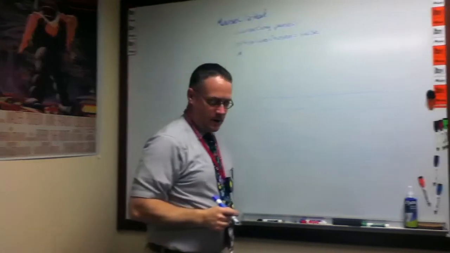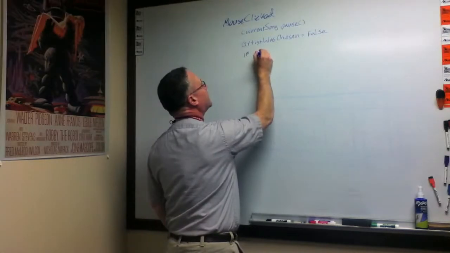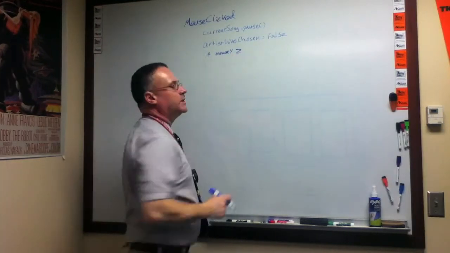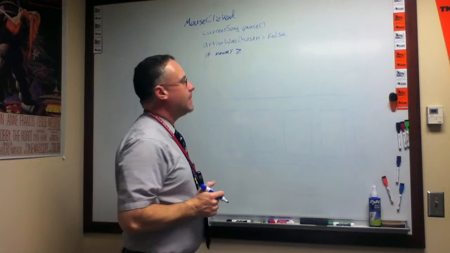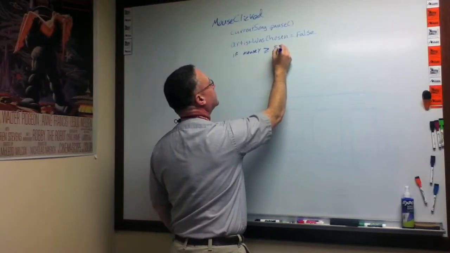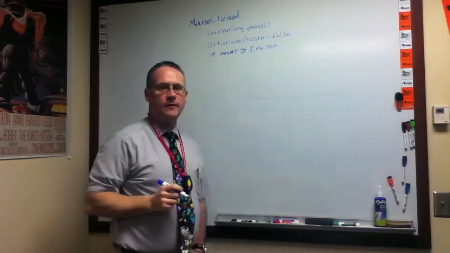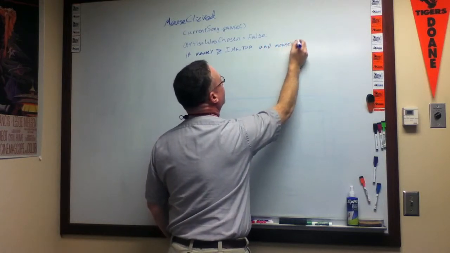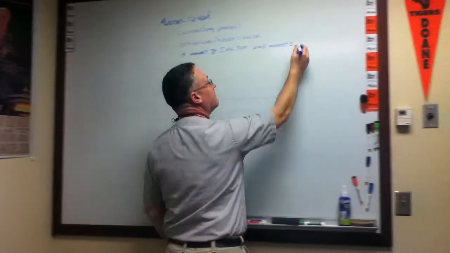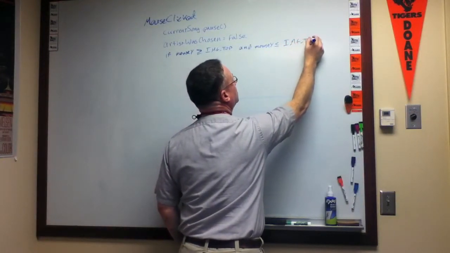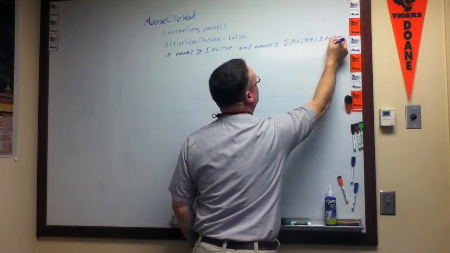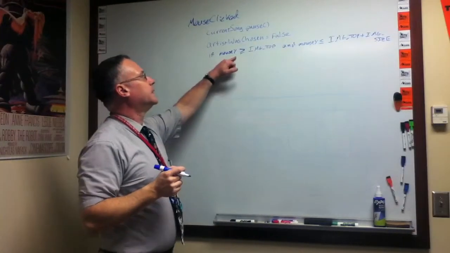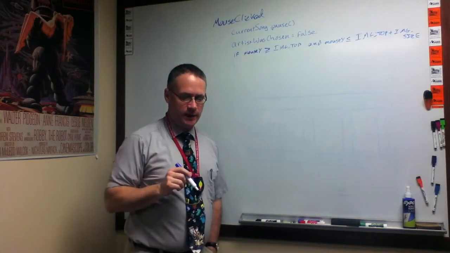If our mouse y coordinate, remember mouse x and mouse y are the coordinates where the mouse pointer is, is greater than or equal to the image top variable, and also less than or equal to the bottom of an image, which would be image top plus image size, then we can start to check if they actually clicked on an image.